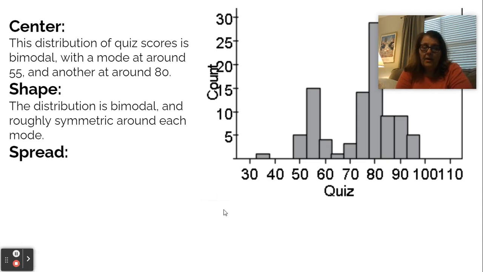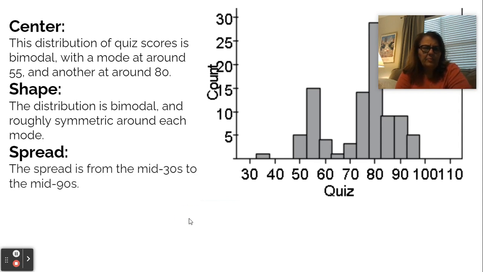All right. Now it looks like from the lowest to the highest, the spread is from the mid 30s to the mid 90s, because I'm not really sure where that breakdown is. So that is about as specific as I can get. Okay. And remember, I'm talking about quiz score. So I could say the quiz score spread is anywhere from the mid 30s to the mid 90s.